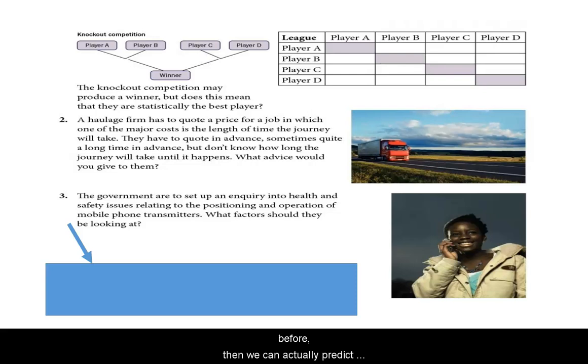Given that this happened before, we can predict what could happen. So for us to predict, we have to go back down history lane and look at what already happened. So my advice would be to either collect or use previously recorded data to estimate the travel times for the journey involved.